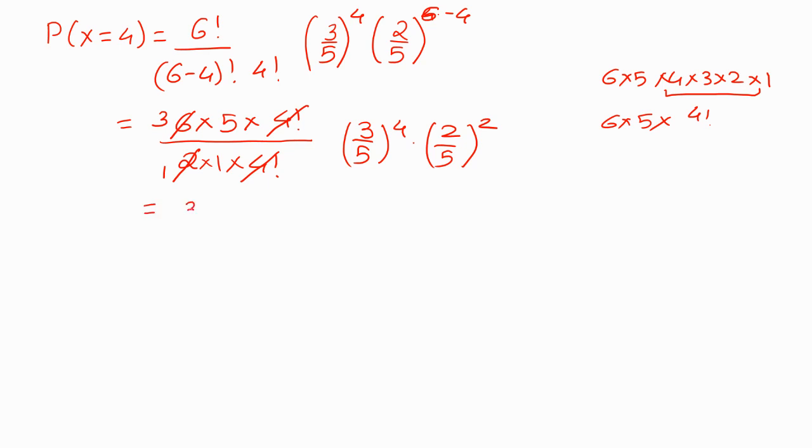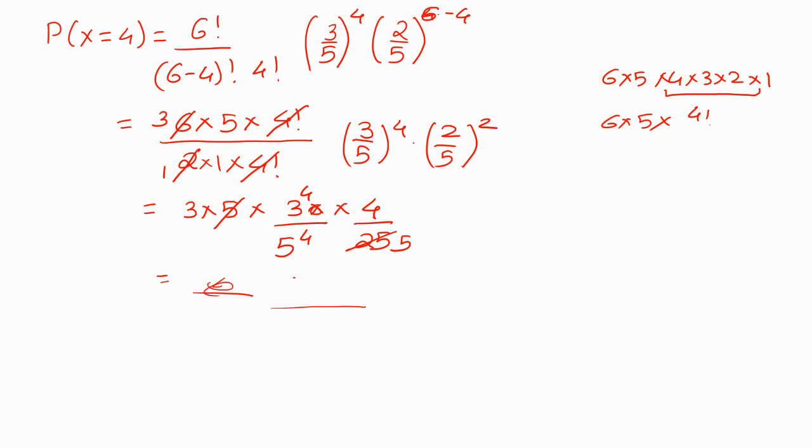So what I get is 3 into 5 into 3 raised to 4 into 2 square, 2 square is 4, upon 5 raised to 4 into 5 square, that is 25. Out of this I can cancel, that gives me 5. And what does this final answer come out to be? I think it comes out to be something like 432 by, I doubt this answer.